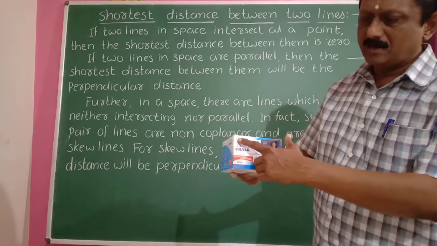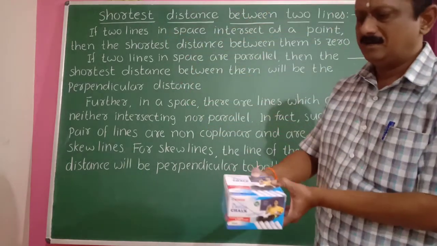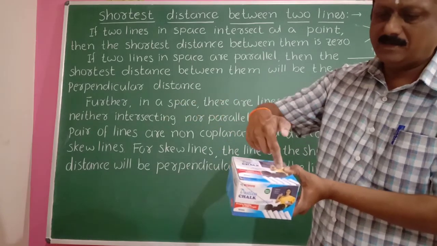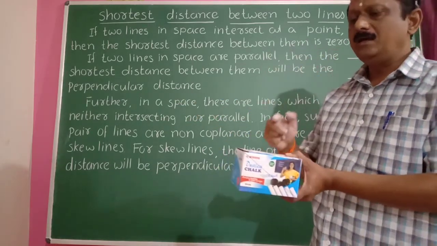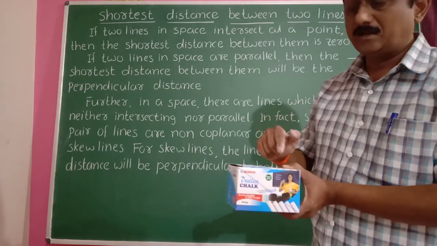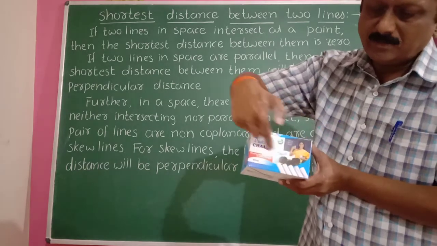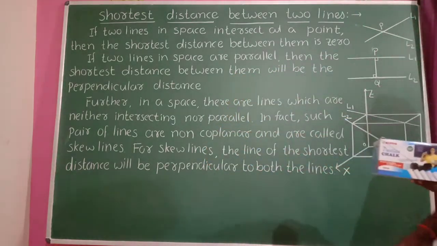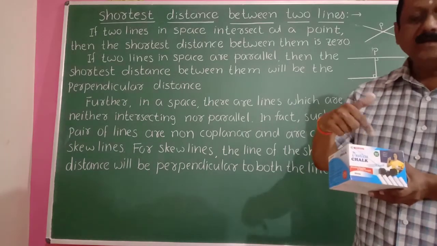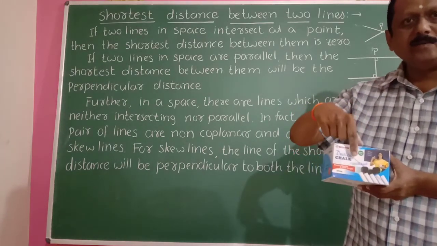We can extend this line this side, extend this line this side, even extend this line this side and this line this side. They never meet each other. And they are non-coplanar also, because this line lies on this plane and this line lies on this plane. They are non-intersecting, they never meet each other.